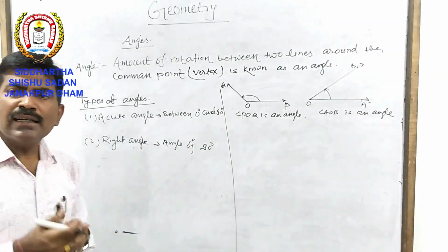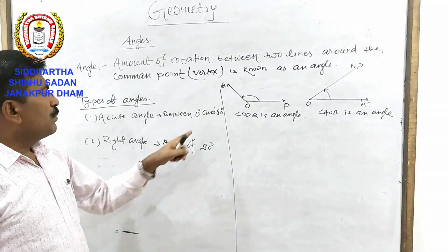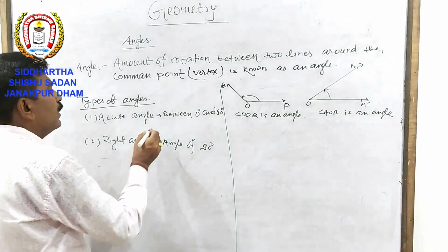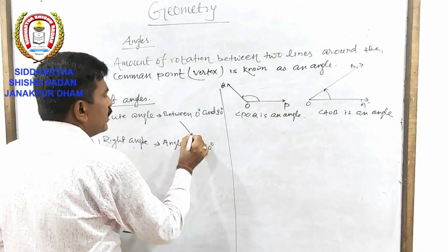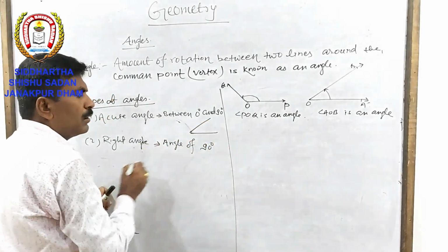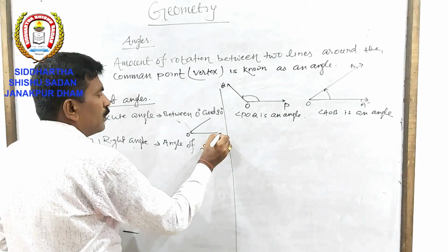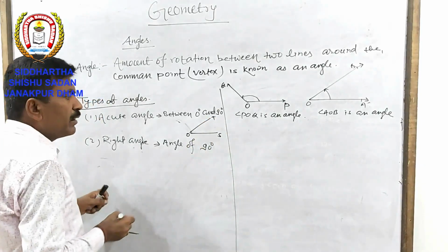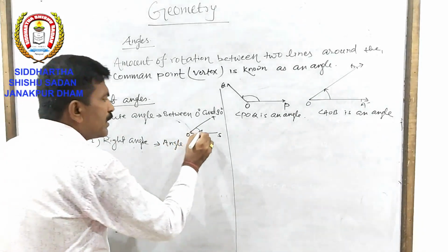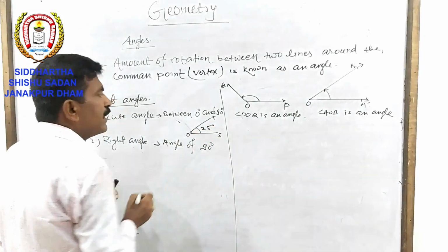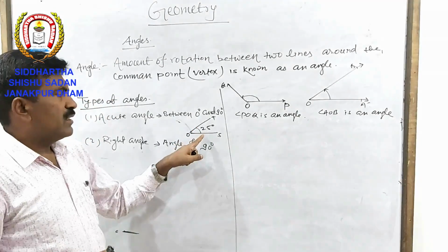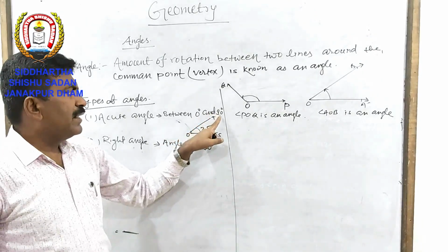There are so many angles which lie between 0 degree and 90 degree. For example, here this is O, S and T. Now this is the angle. Suppose its measure is 25 degree. The 25 degree lies between 0 degree and 90 degree.